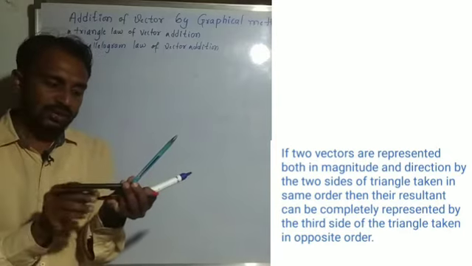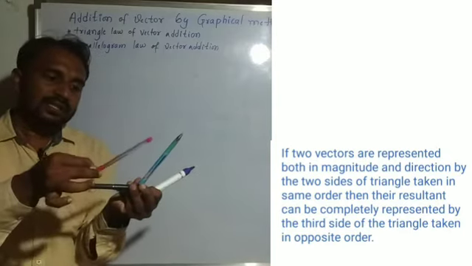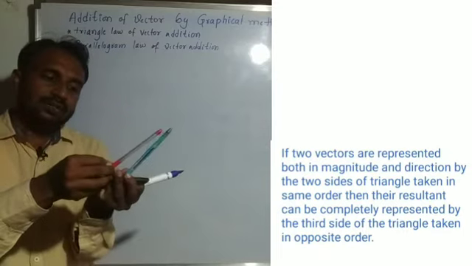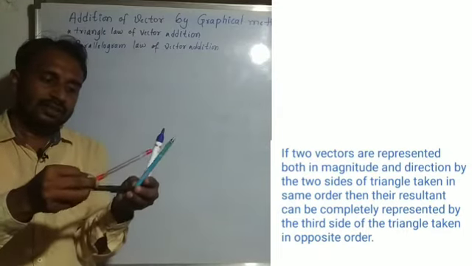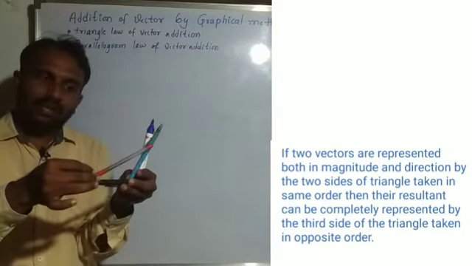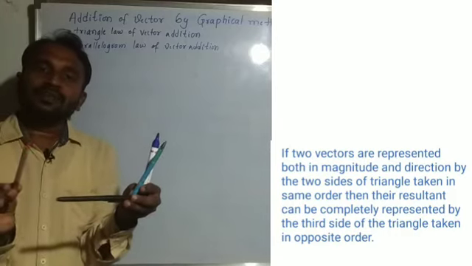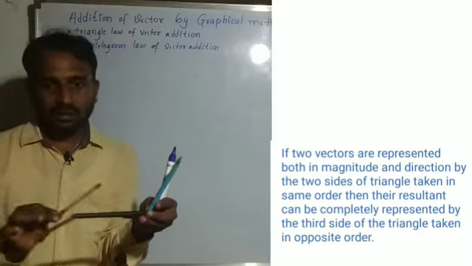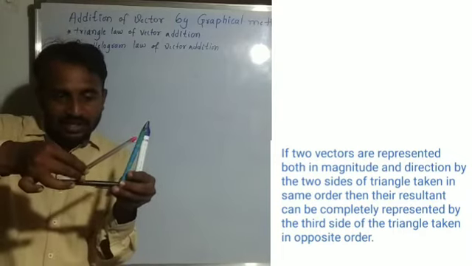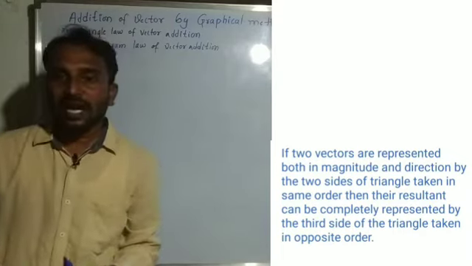Then this one is the resultant, and the resultant is always opposite in order, and it represents the third side of the triangle.